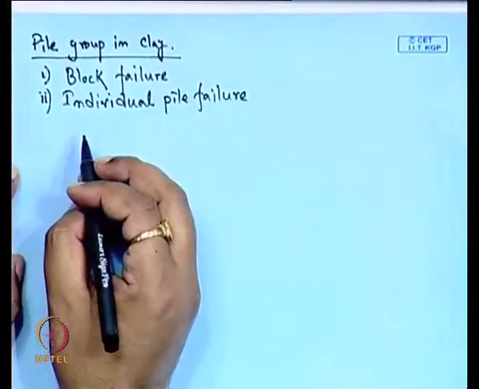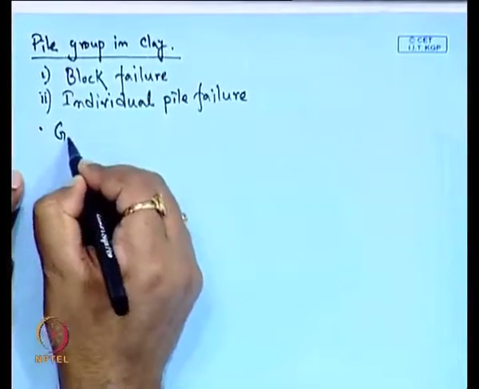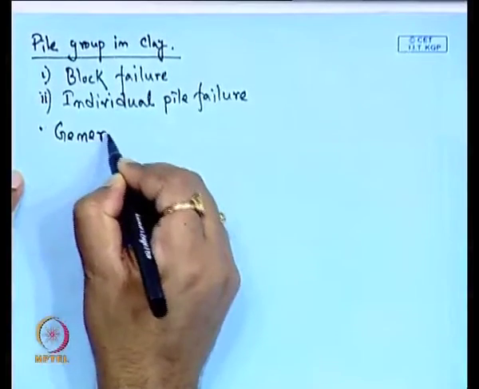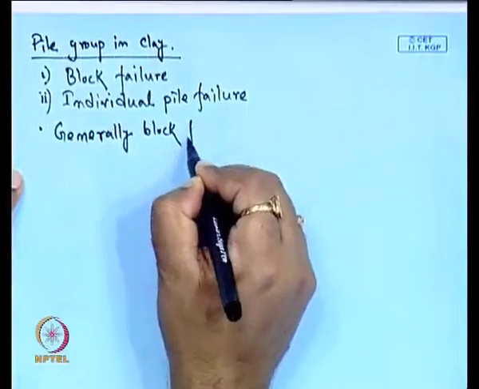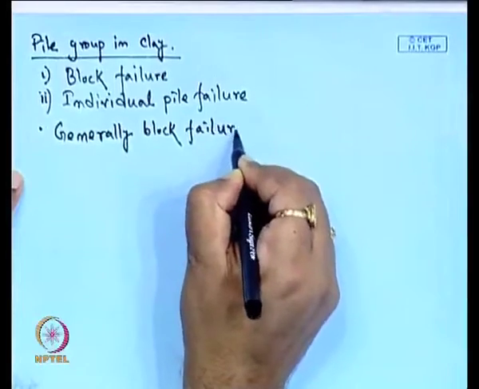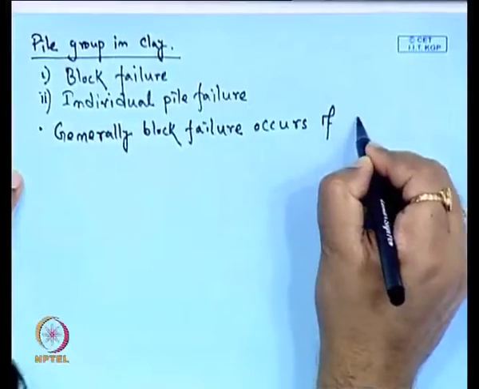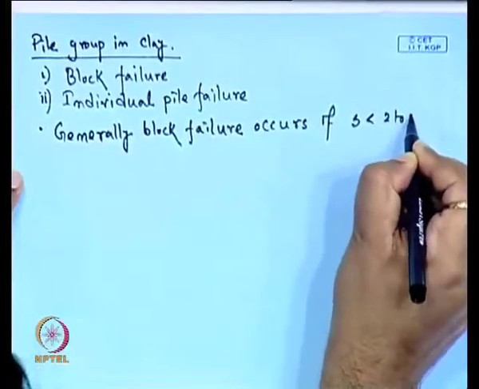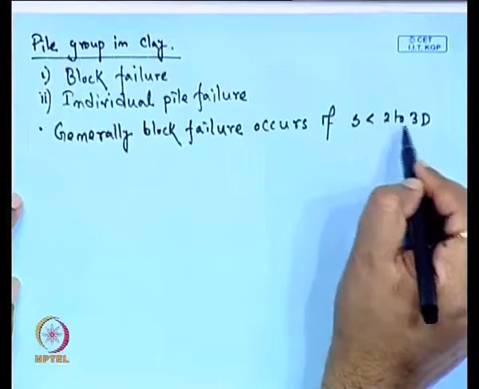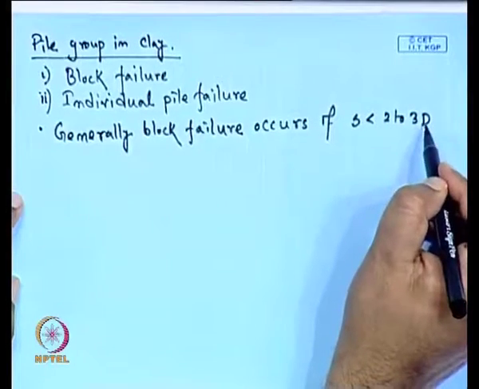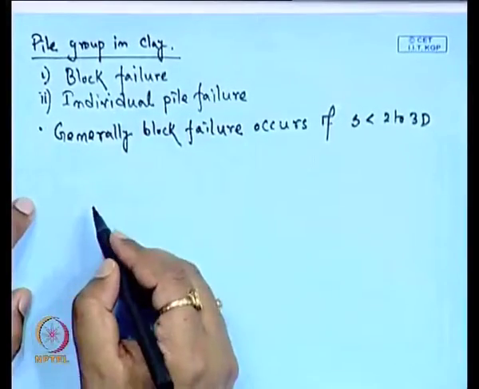For clay, block failure will occur if the spacing is less than 2 to 3 d, where d is the diameter of the pile, and if the spacing is larger, individual pile failure will occur.